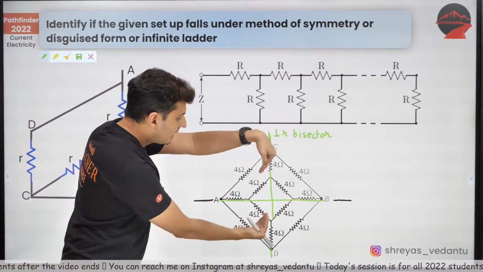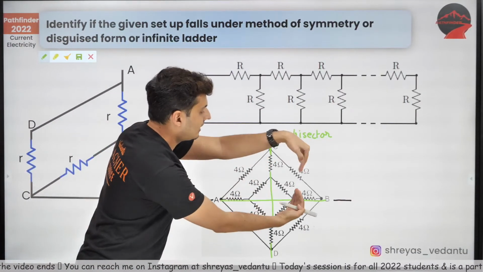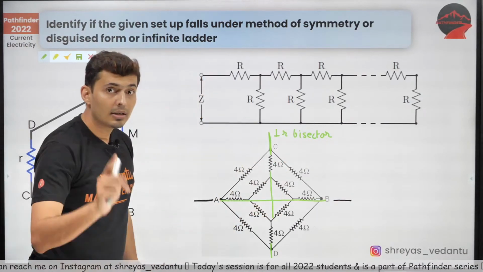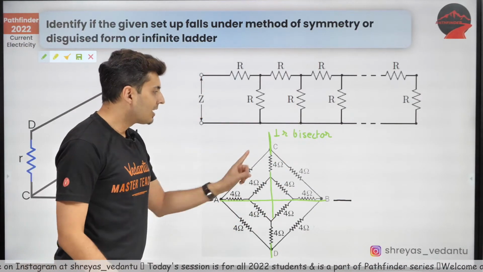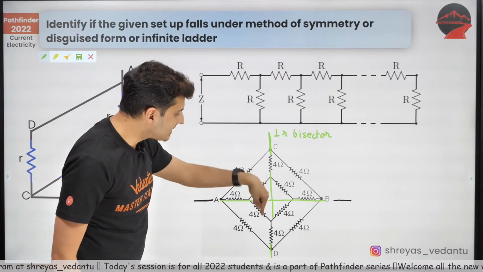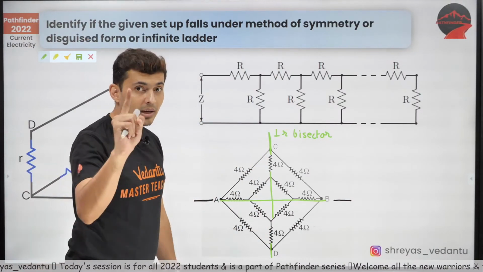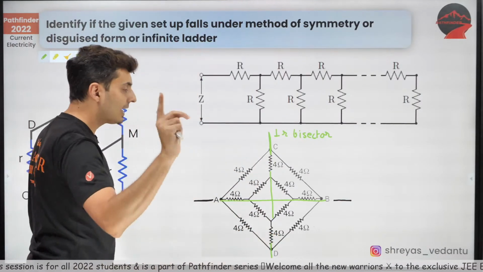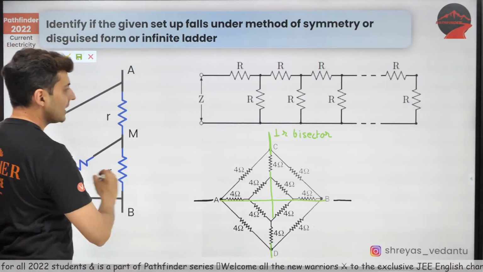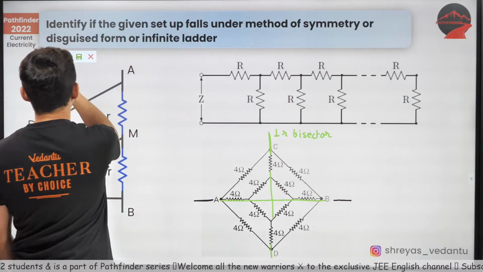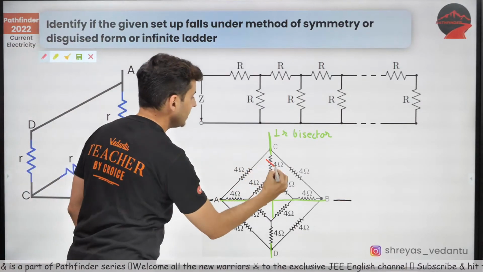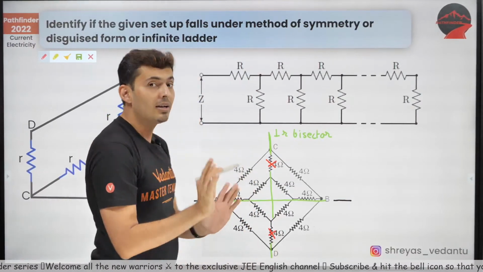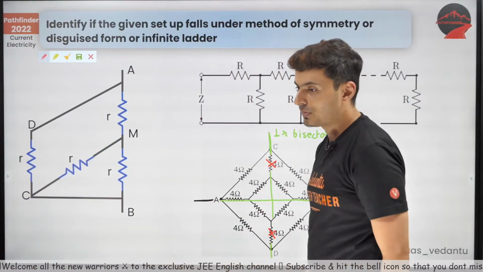If you find the same things left and right, then you can do one small thing. You can completely ignore whatever is there on the line of symmetry. That's the funny part. So you can completely get rid of this 4 ohm and this 4 ohm because this is the line of symmetry. That's the trick which you should use.